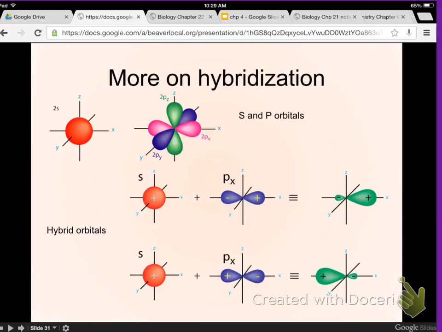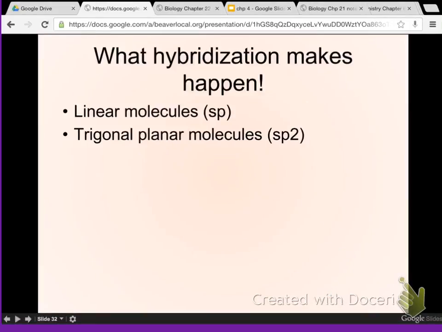So these are images of hybrid orbitals. We take this nice little spherical beach ball, and we take these weird drumstick, dumbbell, whatever you want to call them things, and when we merge an s and a p, we get this thing that allows for a bond that forms off to one side of the nucleus. Hybridization makes possible linear molecules.